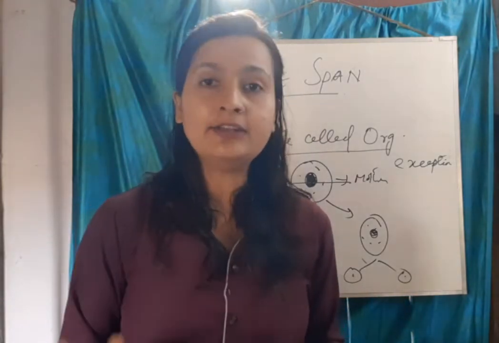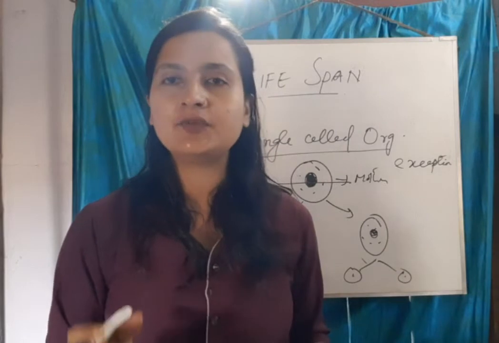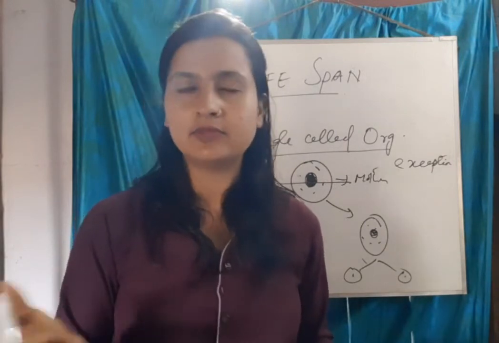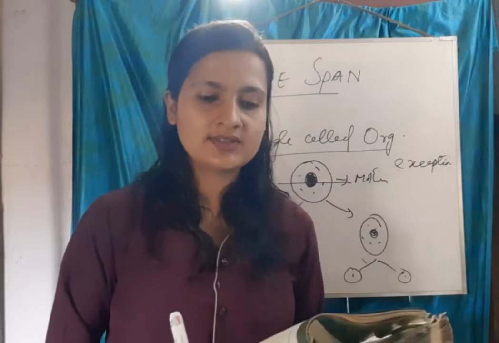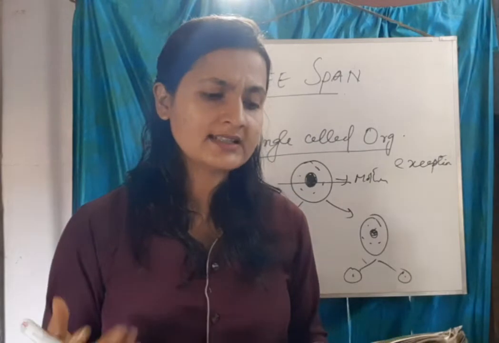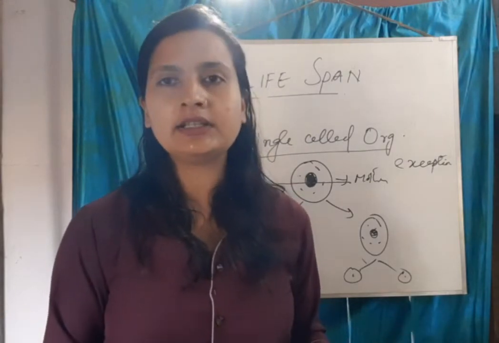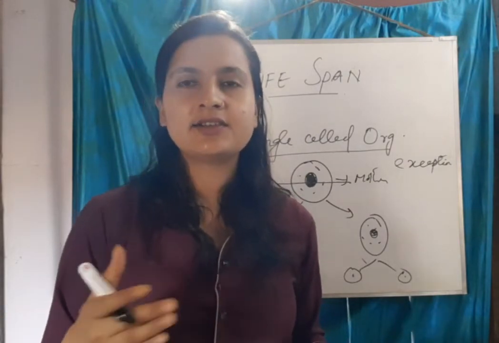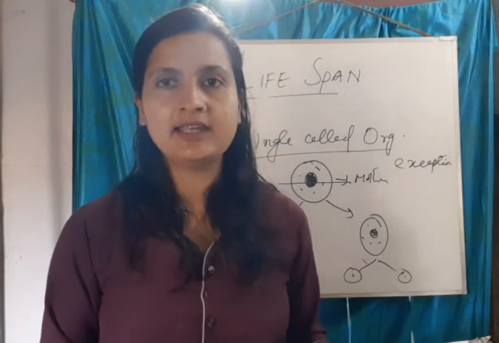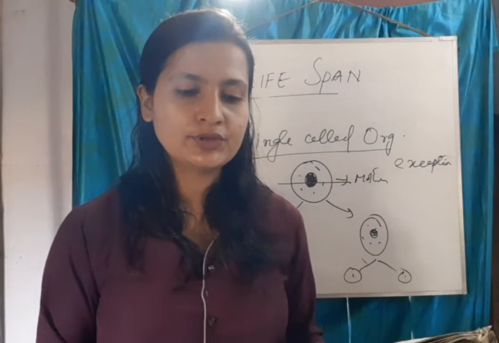All right, elephant: the lifespan of an elephant is 60 to 90 years. Rose is 5 to 7 years. Dog is 25 to 30 years. Then butterfly is 1 to 2 weeks.